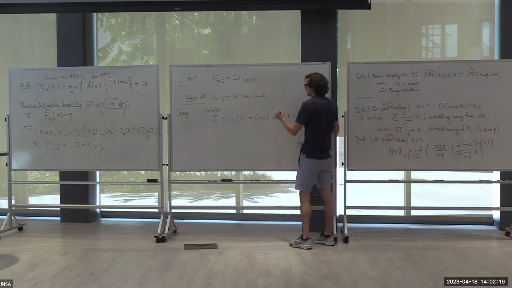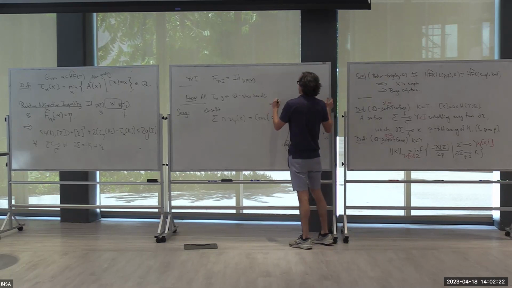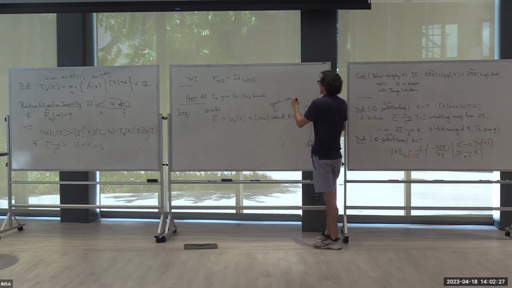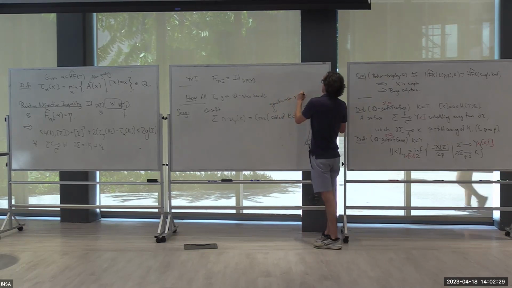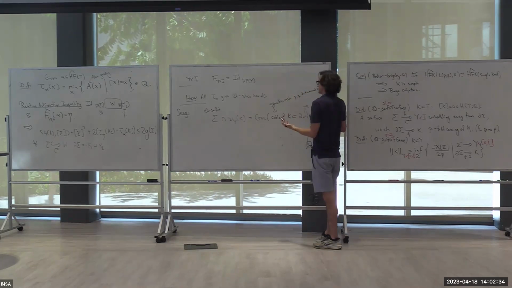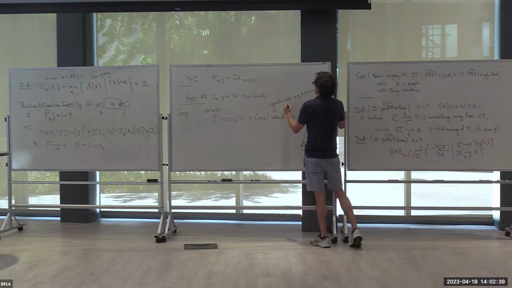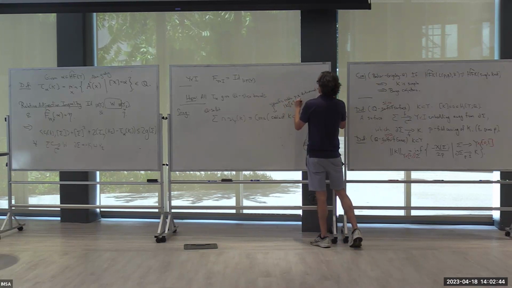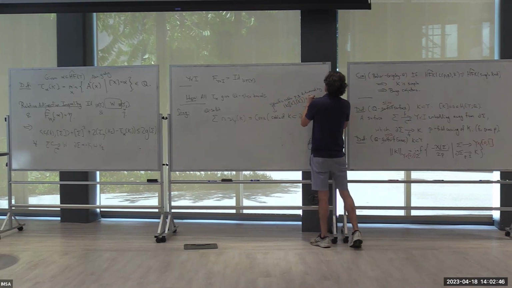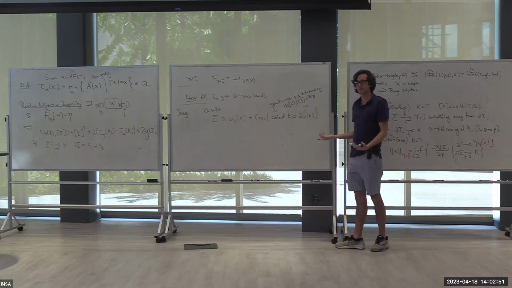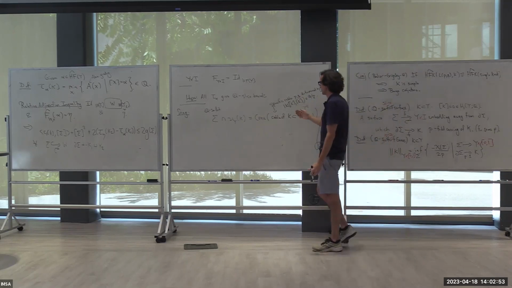And this isn't just any cable, this is a specific cable, determined by the following. The knot K is non-null-homologous in general, so it has a linking form of the manifold applied to its homology class, some rational non-integer value, and the Q here is determined by that linking form.